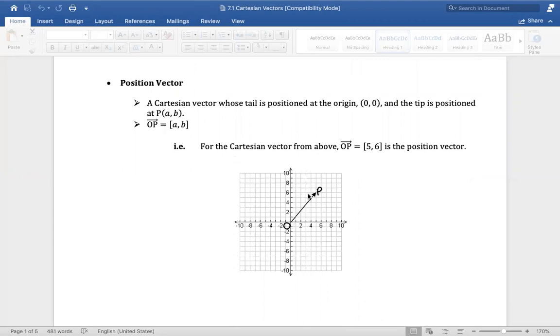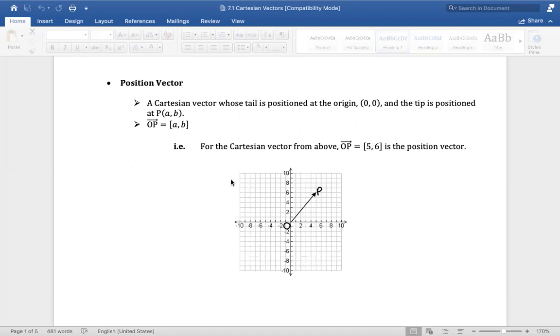So we just said here at point P, which has the coordinate points of A, B, let's say. So my position vector OP, so again, you always start with the tail to the head when you label the vector, OP is equal to square brackets, so moving along A first. What are my horizontal units? How many am I moving to the right and how many am I moving up? My vertical units would be B.